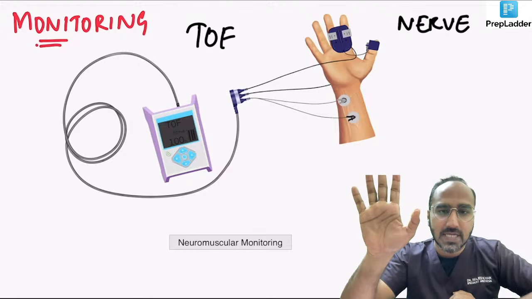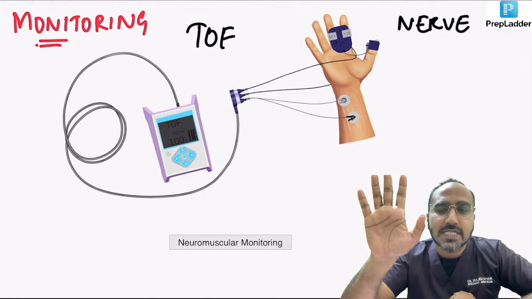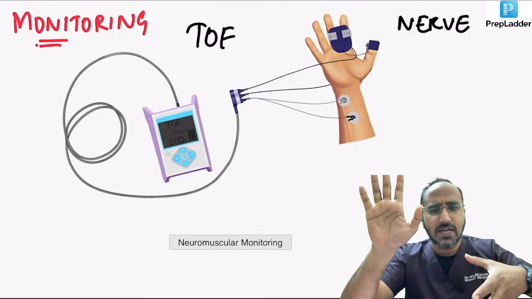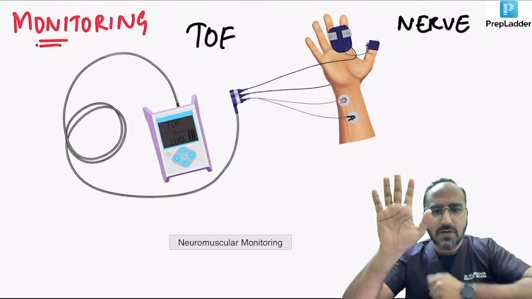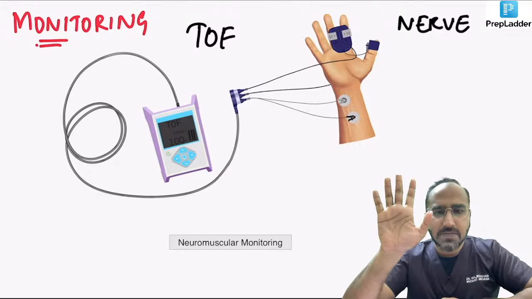After giving it, after 2 minutes, I am going for train of 4. As I am stimulating, the first twitch will come, second will come, third will come like this. The fourth time when I am stimulating, no twitch.